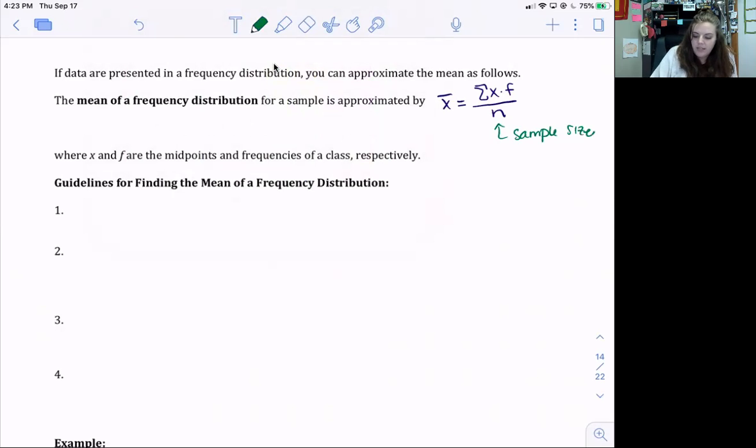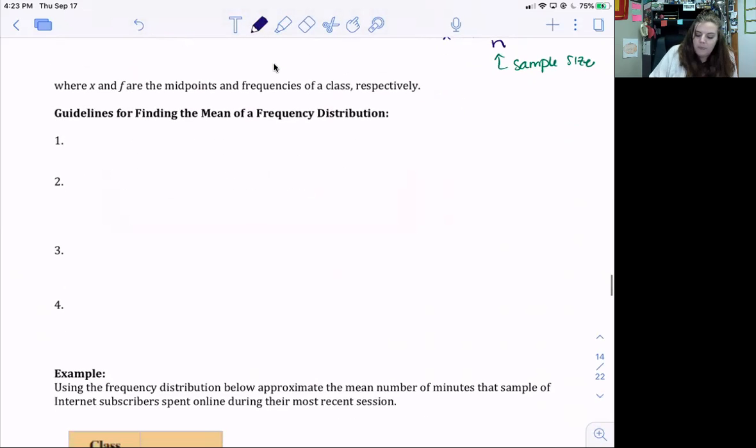Okay, so our guidelines or steps for finding the mean of a frequency distribution. The first thing we want to do is find the midpoint of each class.